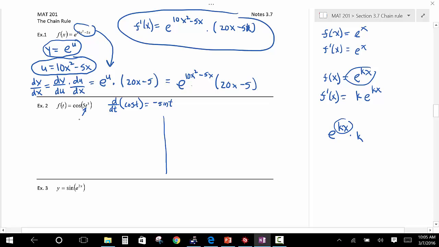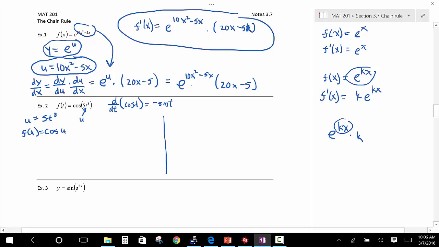So really what we do on this is not the derivative of cosine, it's the derivative of cosine of something else. So you would say u equals 5t to the third, and then the function we're going to do is f of u equals cosine of u. Those are the two functions.